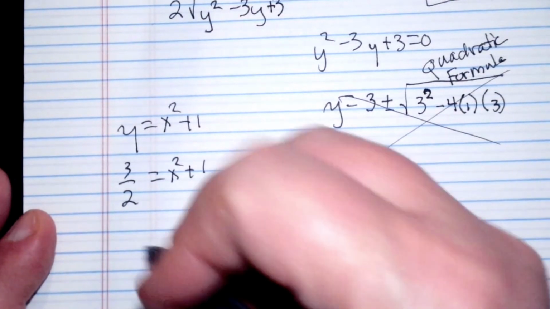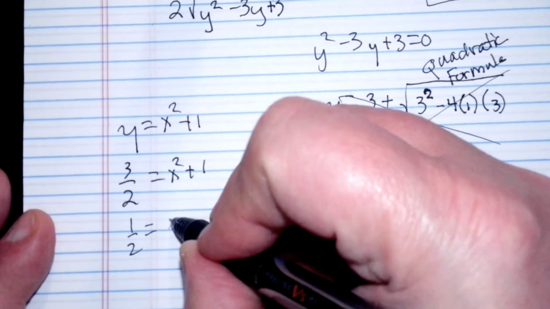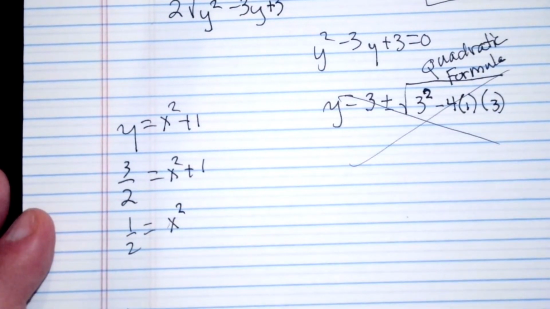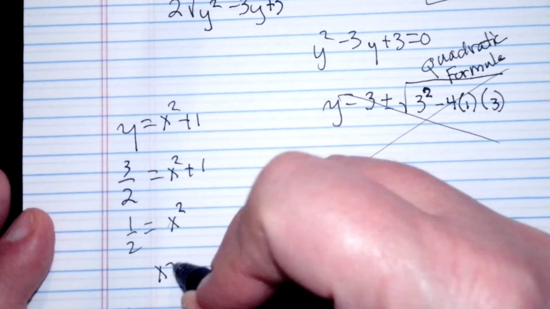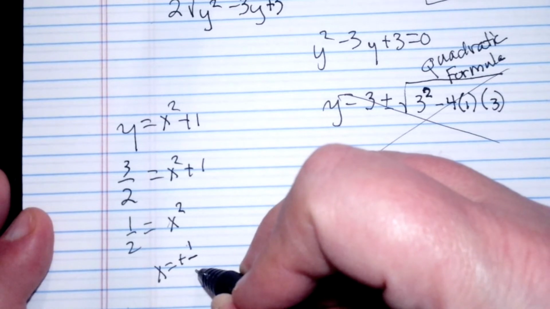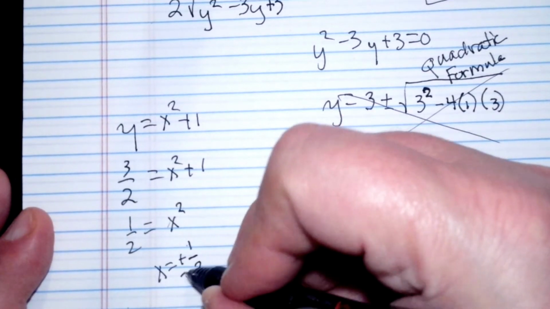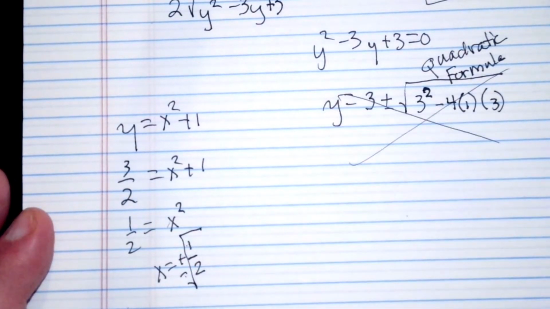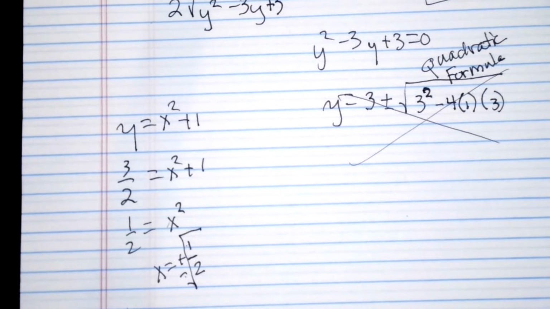Subtract 1 from each side. 1/2 equals x squared. So x equals plus or minus the square root of 1/2, which is about 0.707 if I remember correctly.